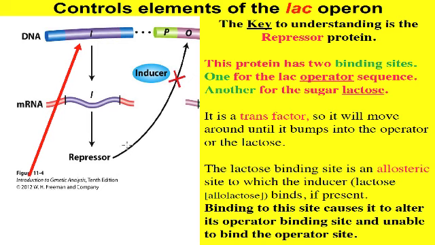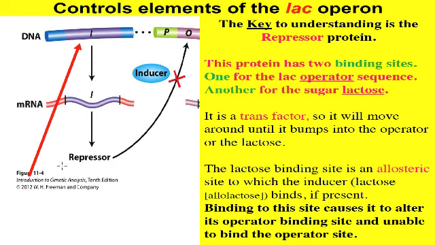And there's not just one molecule of this protein in the cell, there may be tens to hundreds, and each one of them is free to move around. So this is a trans factor, and it moves around and it bumps into both its ligands. It can bump into the DNA or it can bump into any lactose that's present. The binding of lactose causes an allosteric change in the surface of this repressor protein.